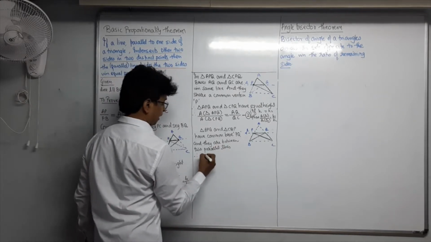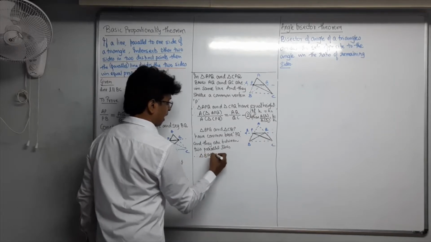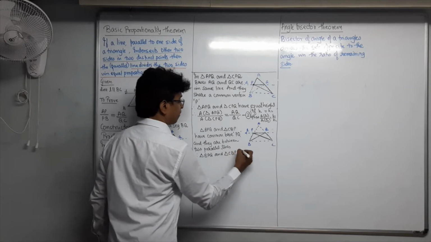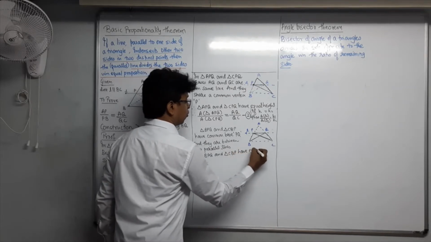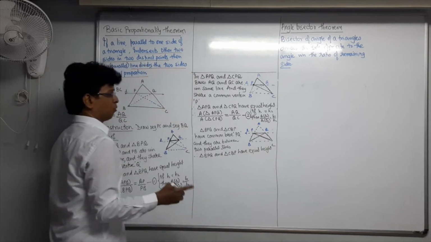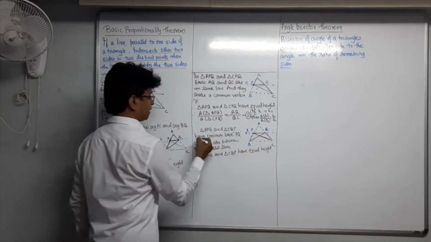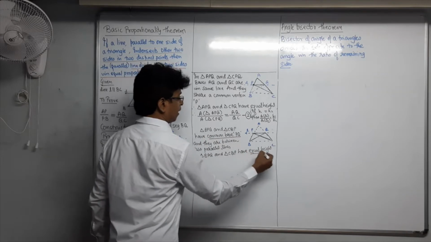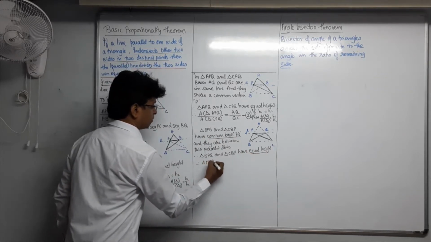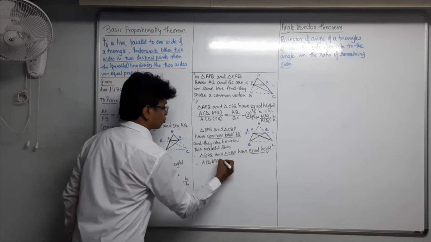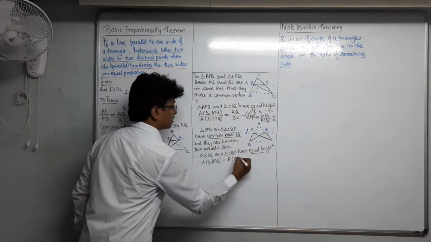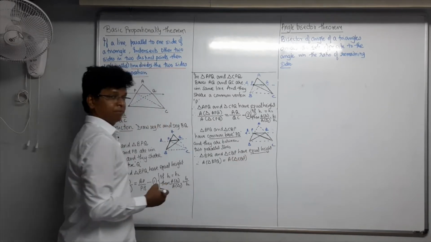Therefore, triangle BPQ and triangle CQP have equal height. So both have a common base and equal height. Therefore, the area of triangle BPQ is equal to the area of triangle CQP.